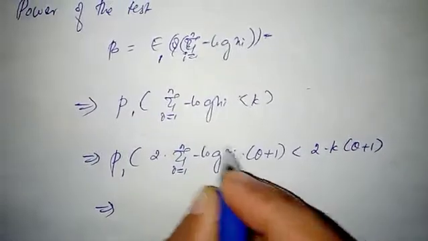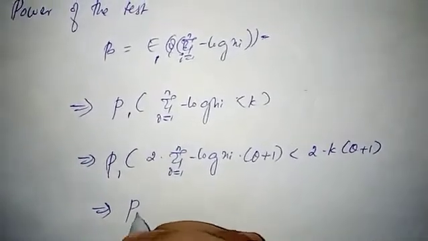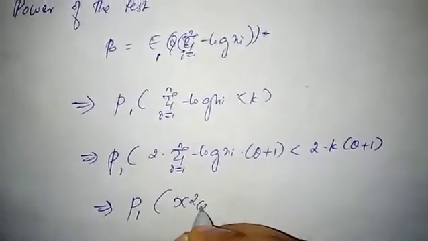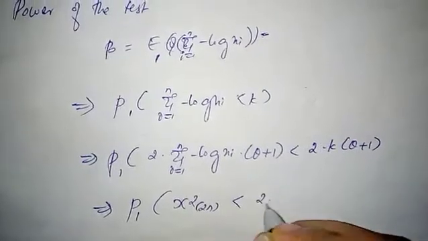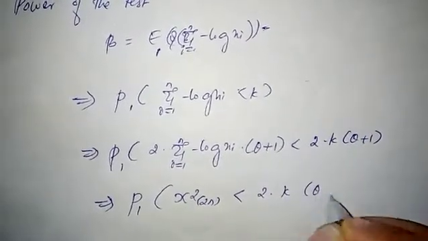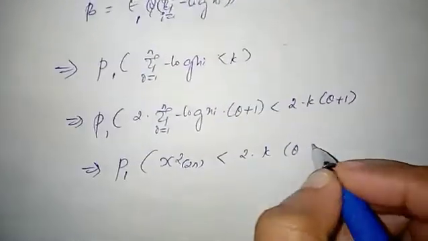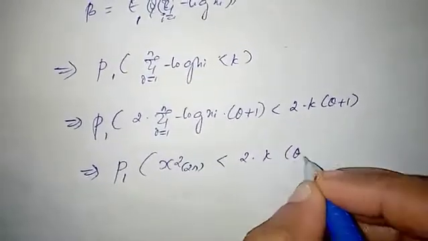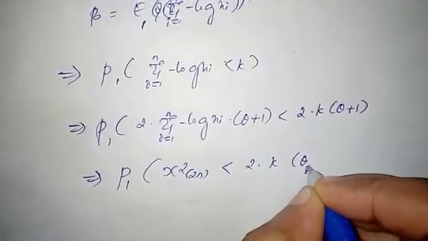This is a chi square term: the probability of chi square 2n is less than 2 into k theta under H1, then theta becomes theta 1.